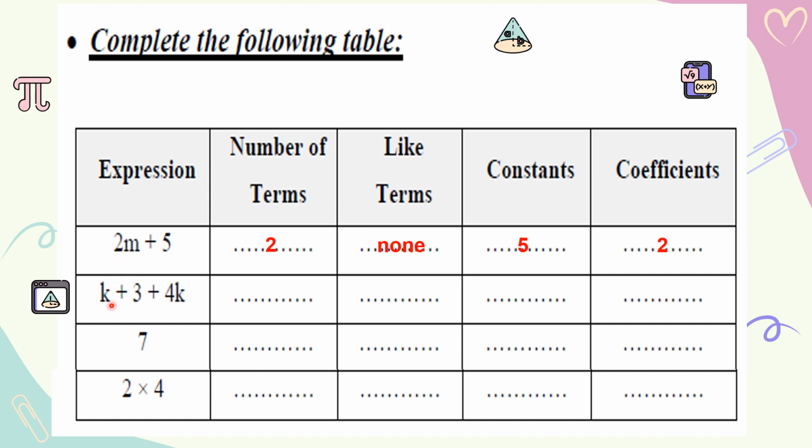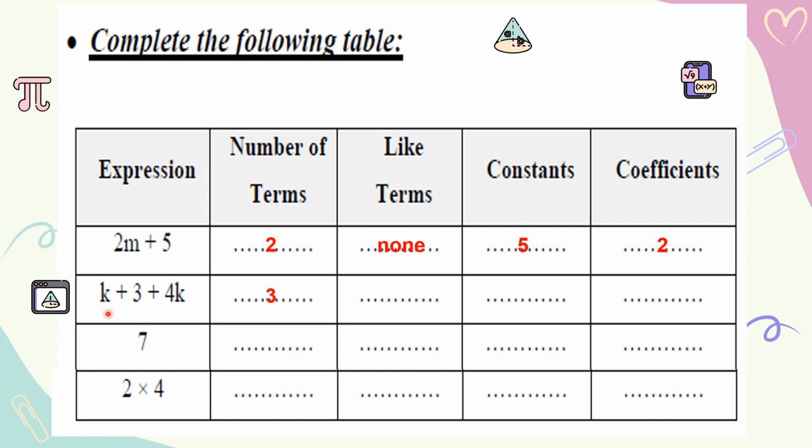And now, k plus 3 plus 4k. How many terms? We have 1, 2, 3. k is the first term, 3 the second term, 4k the third term. So here we have 3 terms. For the like terms, we must have the same variable or numbers.